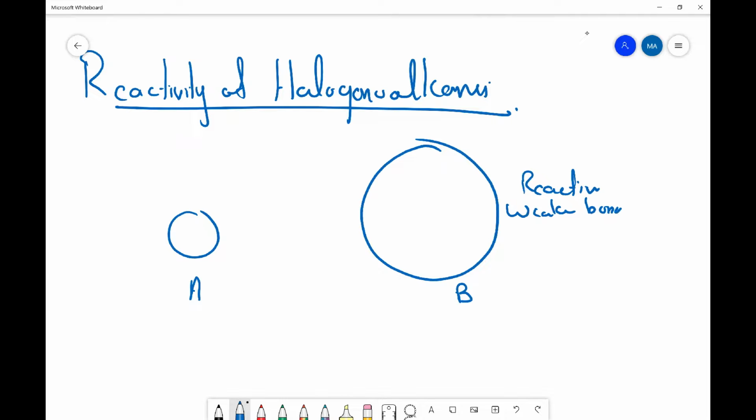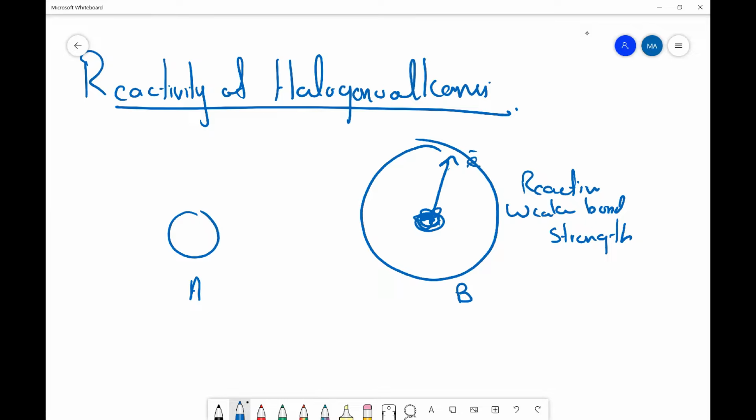And why is the bond strength weaker? Because the electrons are far apart from the nucleus. Let's say if this is the nucleus here, the electron in the valence shell is far apart from that nucleus. The attractive forces are weaker and it's easier for that electron to get displaced. This is why reactivity is when it's easier for the atom to lose its electron or easier for the other one to gain the electron.